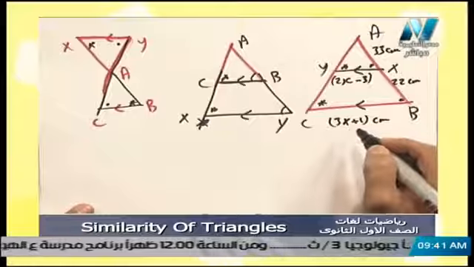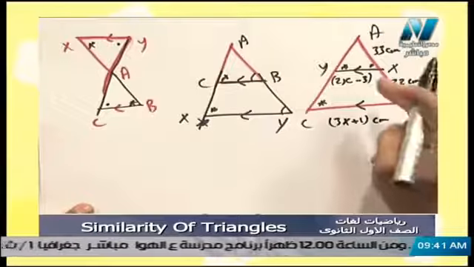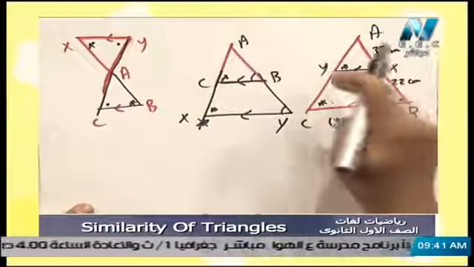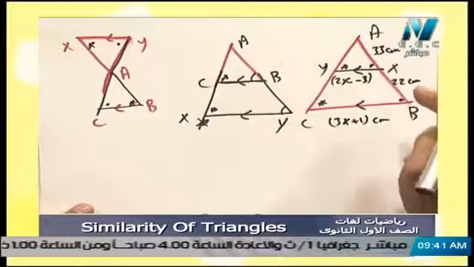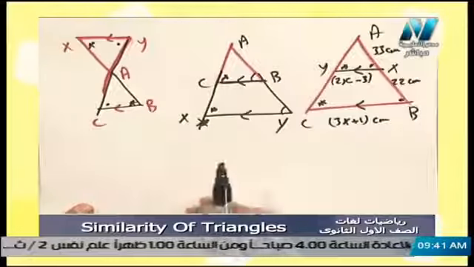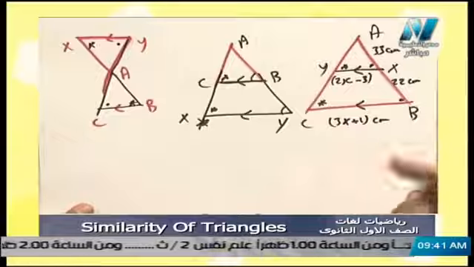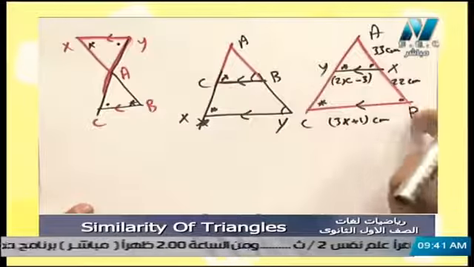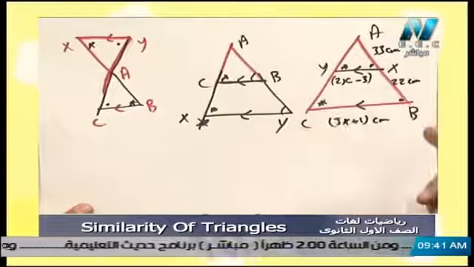First we must prove that triangle AXY is similar to triangle ABC, and as we said, XY is parallel to BC, so directly the two triangles are similar.